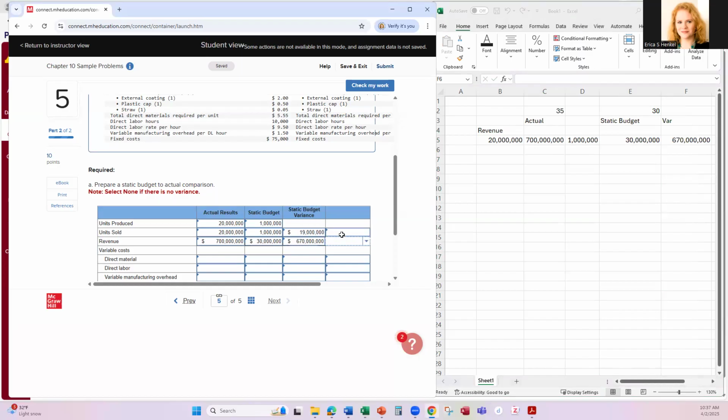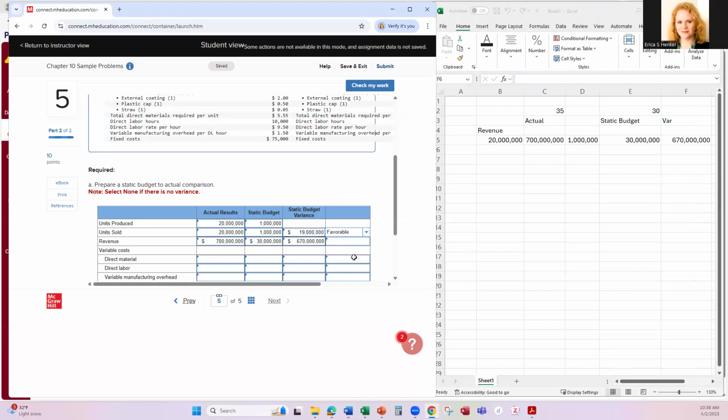Okay, so in terms of units sold, was this a favorable or unfavorable variance? What do you think? Is it better to sell 20 million units than to sell 1 million units? It'd be favorable. I'd be excited about that.